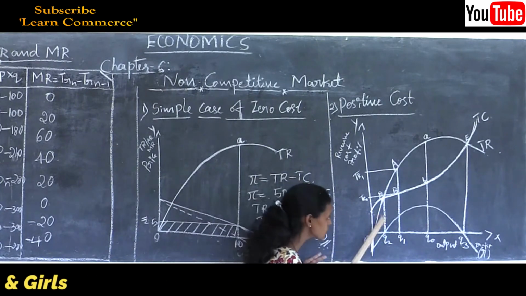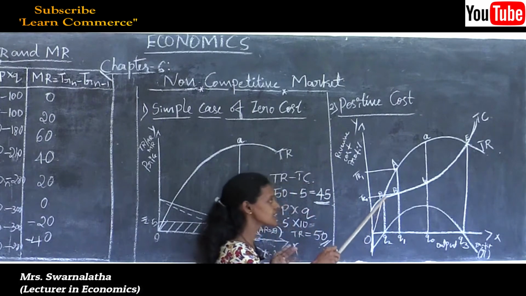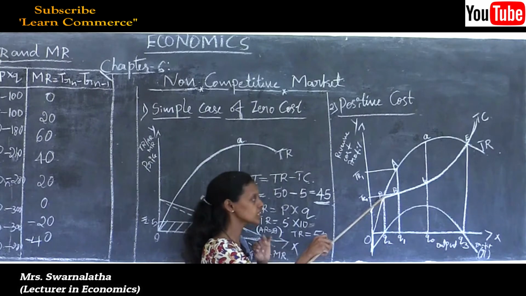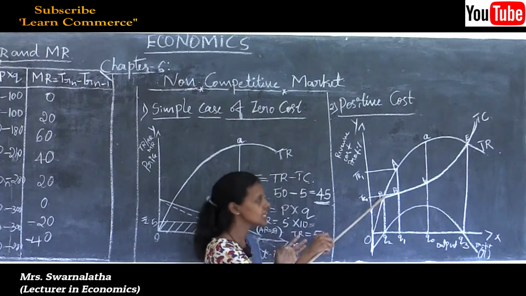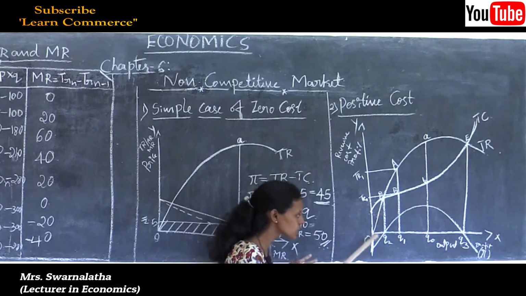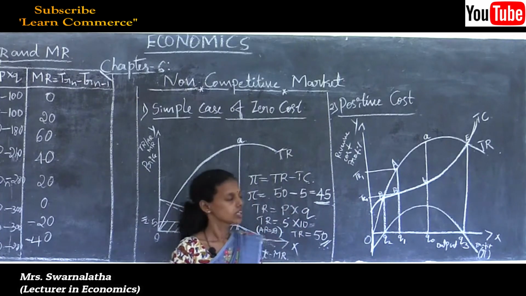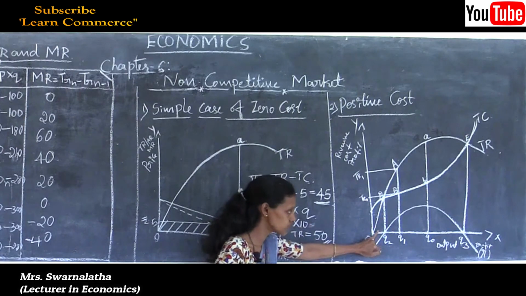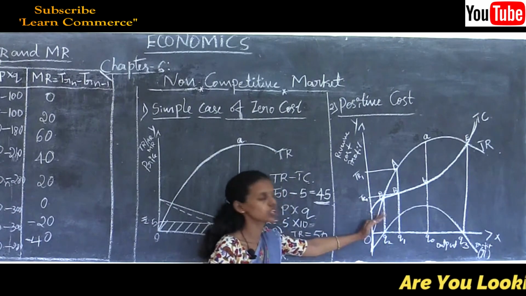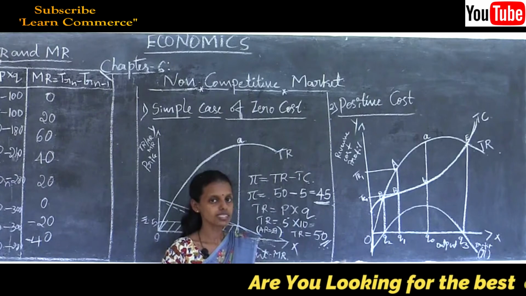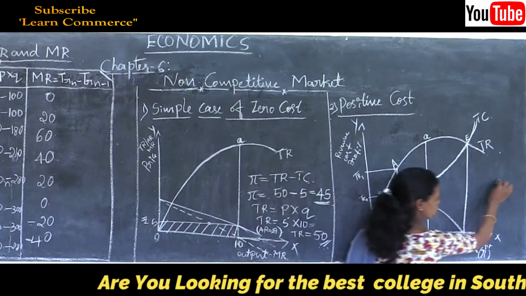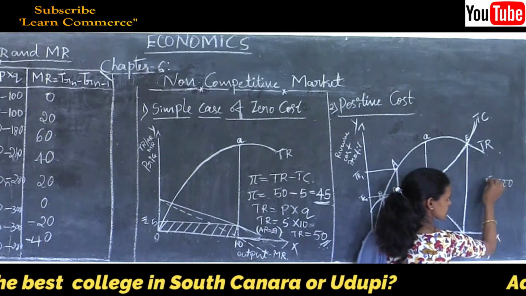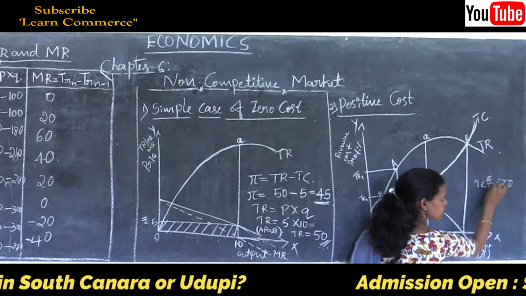So, in the initial stage, both the TR and TC curves intersect at point D. It is an equilibrium point, but not at all an equilibrium point, because here total cost is more than total revenue. The total cost curve lies above the total revenue, which means total cost is more than total revenue. For example, if you invested 500 rupees in business, your total cost is 500 rupees.